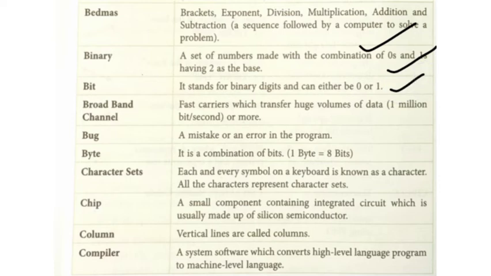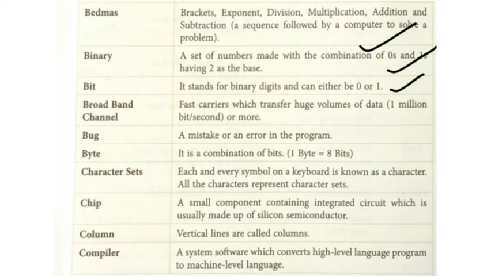Next is broadband channel. Broadband channel is a fast carrier which transfers a huge volume of data. You can say 1 million bits per second or more than this. Broadband channel is a connection when you use internet at home or in the institute or wherever you are using internet.